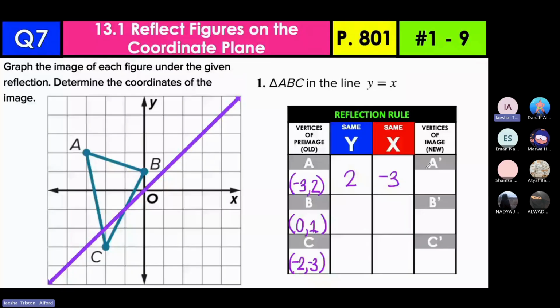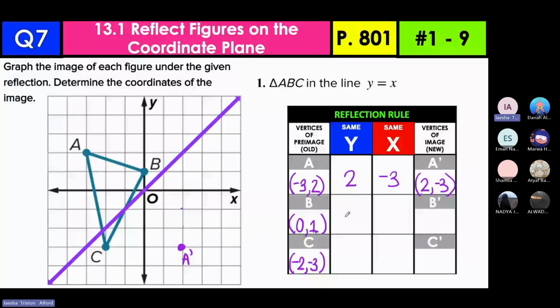Okay, so A prime is at +2 and -3. Where is that in the graph? You're going to go 2 right and 3 down. So this one is A prime.